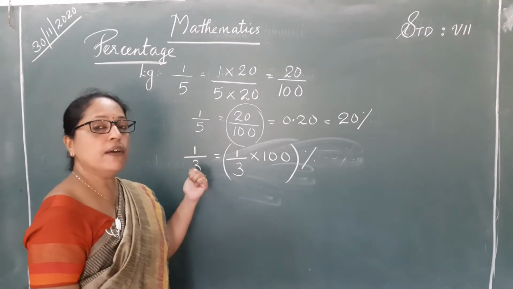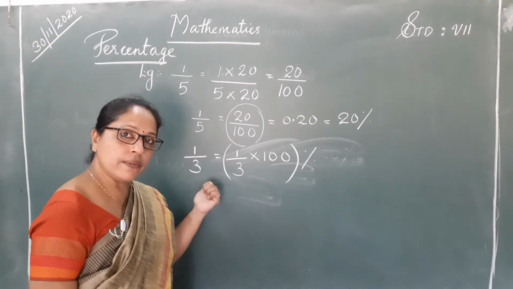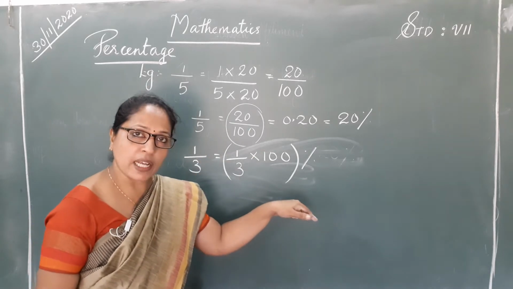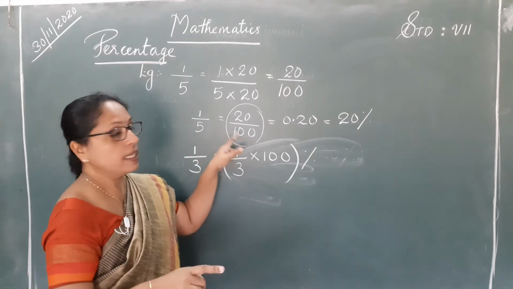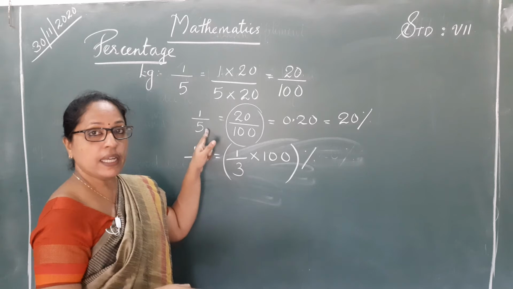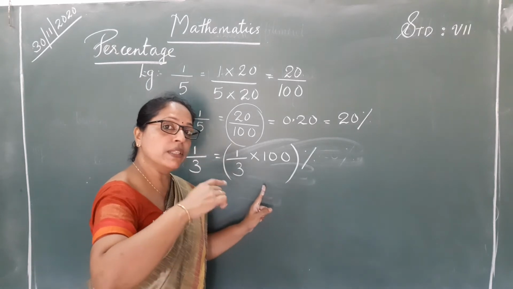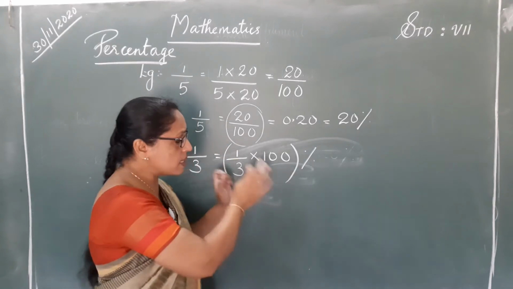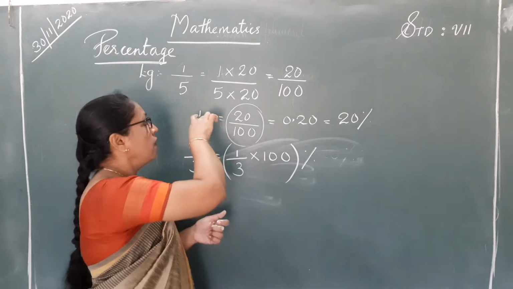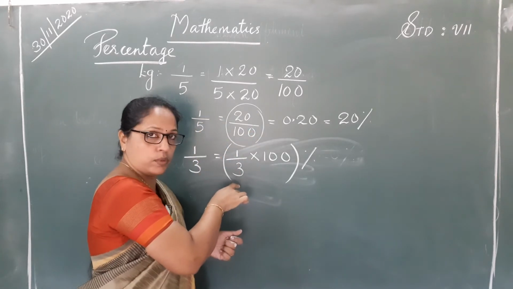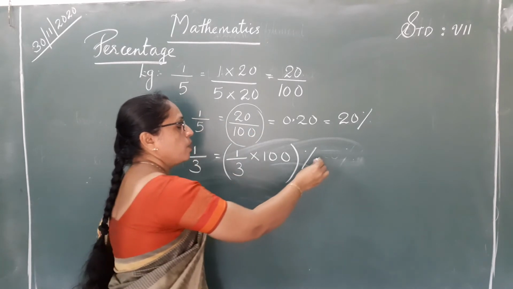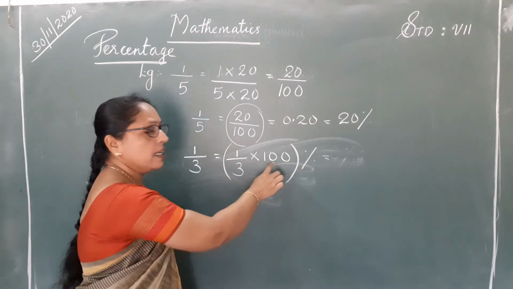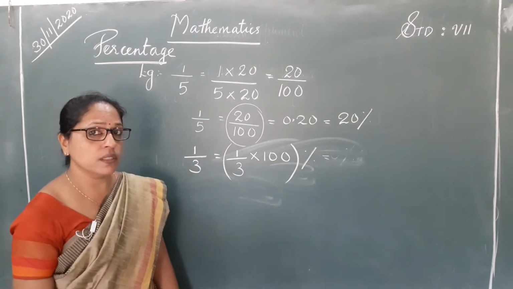So whenever a fraction cannot be converted into an equivalent fraction with the denominator 100, just like we did with 1 by 5, we have to go with a rule. This is the basic rule for everything. For this also we can use the same rule. So we get here 3 and 100. Is there any simplification?